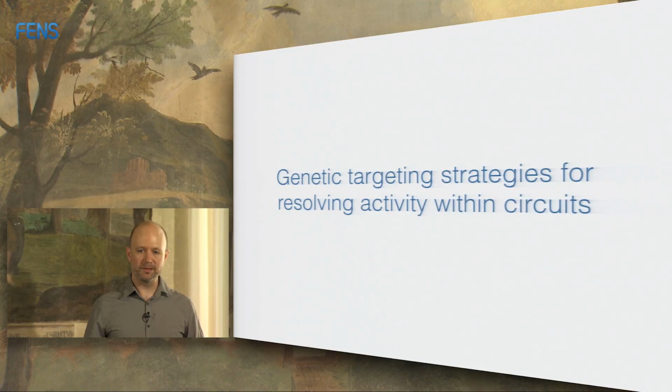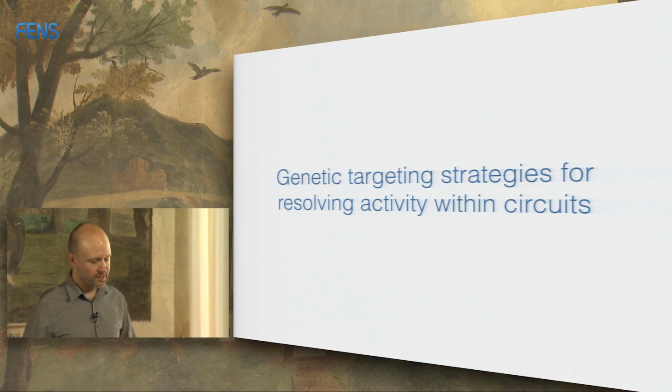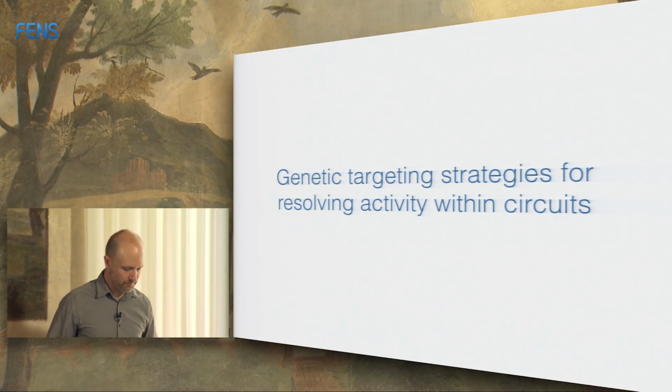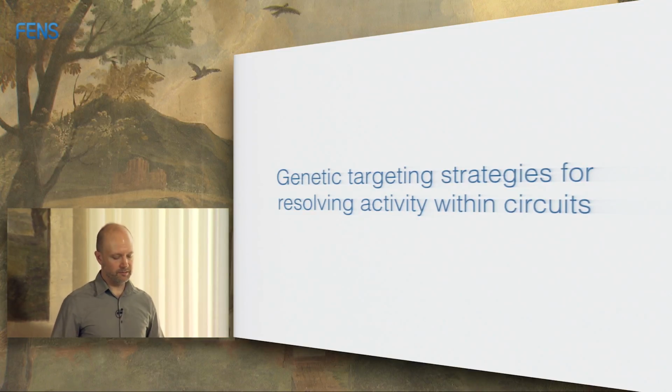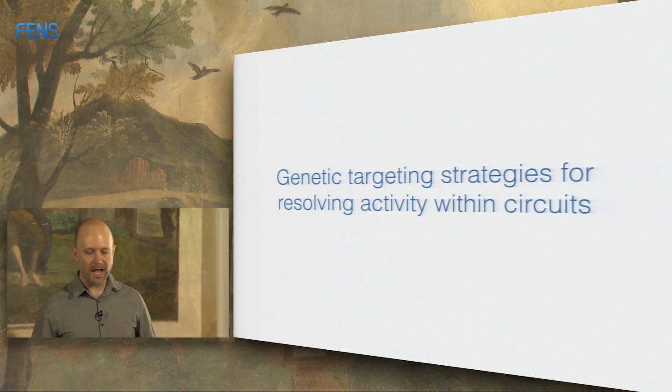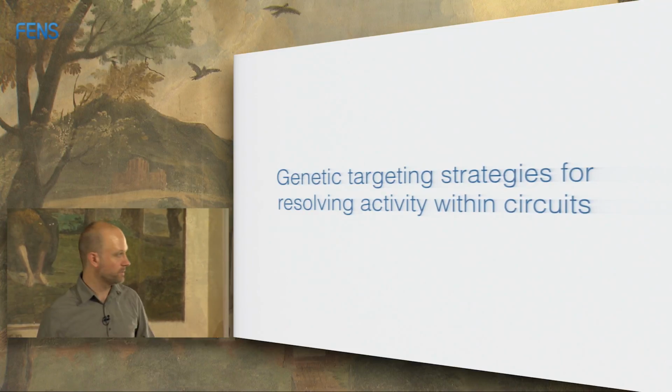If we don't know when the cells are firing, or when they're active, under what context, what's the point of doing all these different stimulation parameters? It's difficult to put it in the context of natural behavior of the circuits unless we know how the cells are normally adapting and responding to a variety of different stimuli.